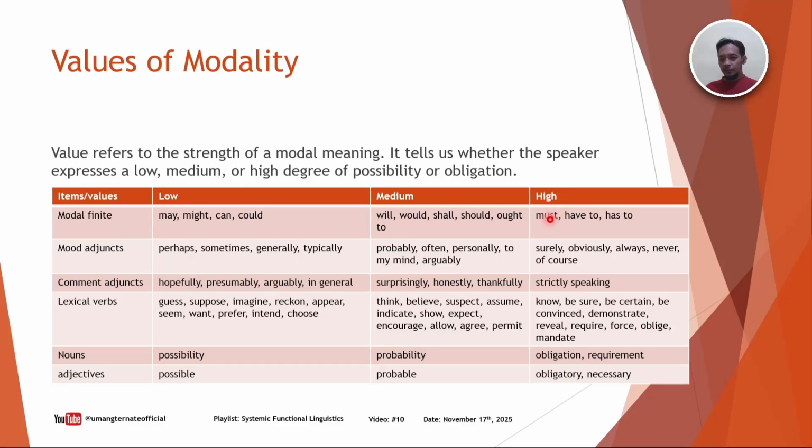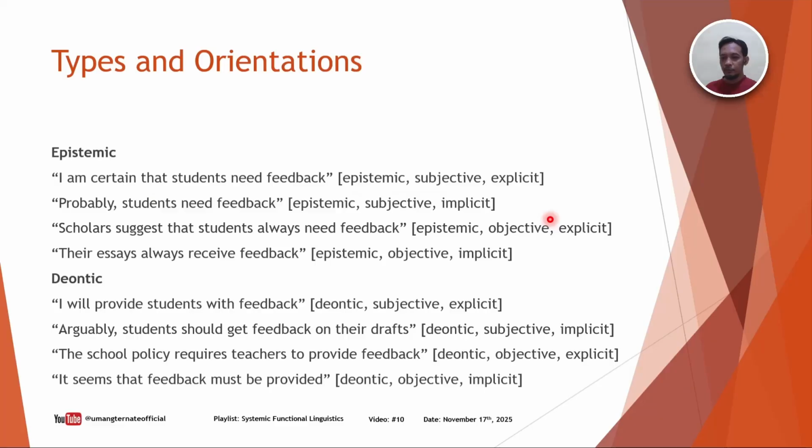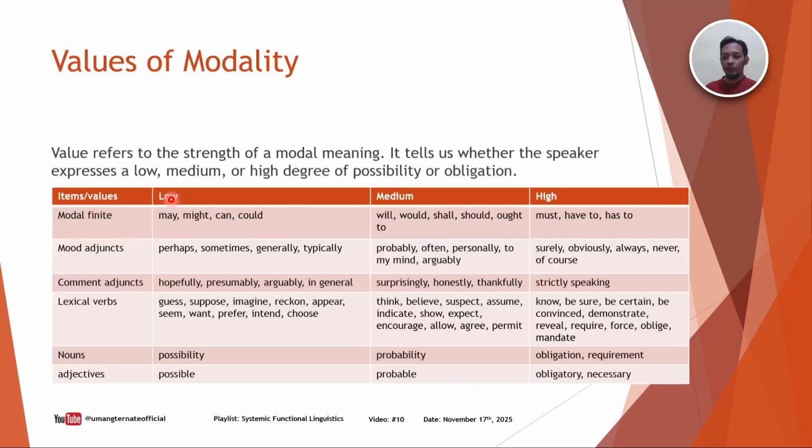Meanwhile, here we can look at the second example. The speaker uses the adjunct probably, and if we check here, probably is a mode adjunct to express the medium modality.